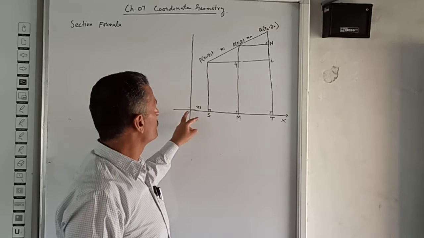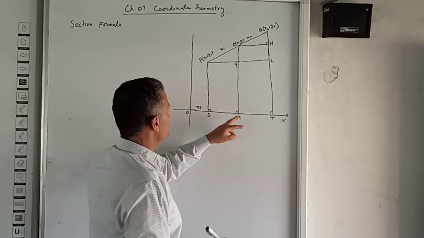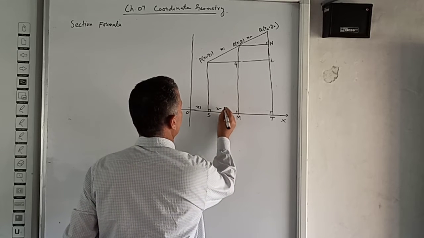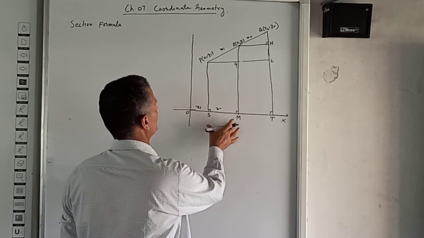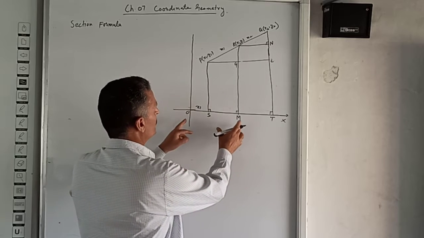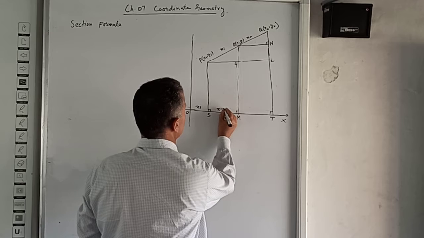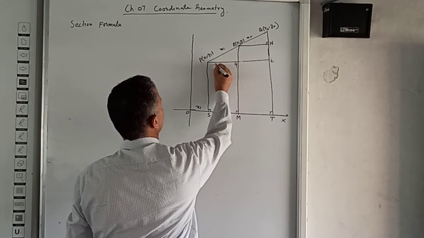So this distance O to M is x. Then what is SM? It is x minus x1, because this is x, this is x1. So PG is also x minus x1.